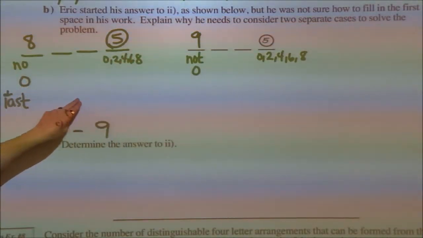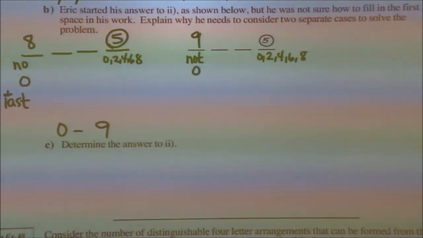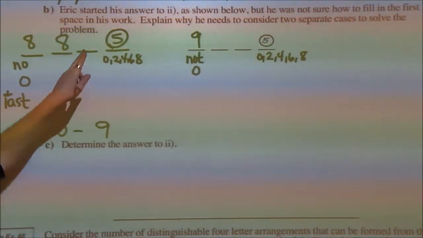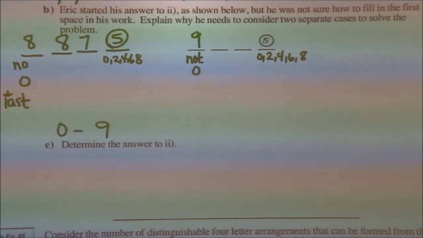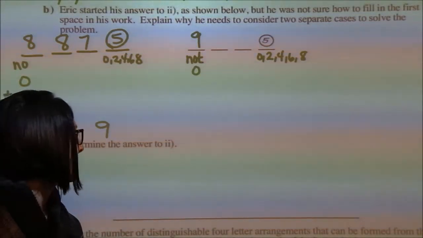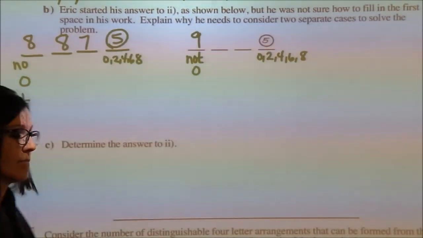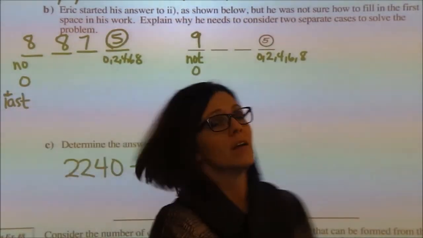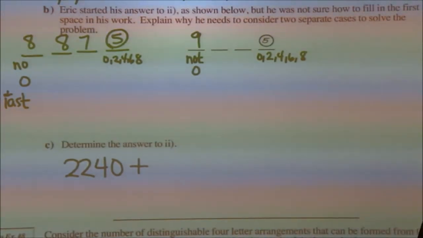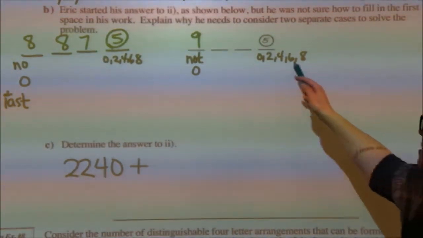How many choices does he now have? 8. And then how many does he have here? 7. Okay? So 8 times 8 times 7 times 5? What do I get? 2,240.